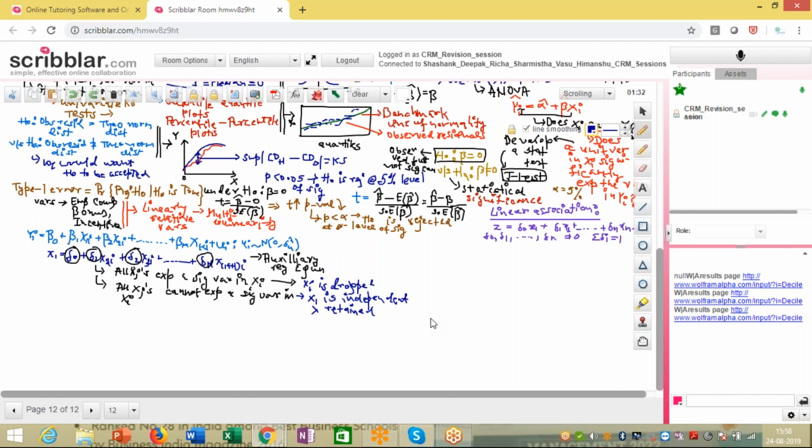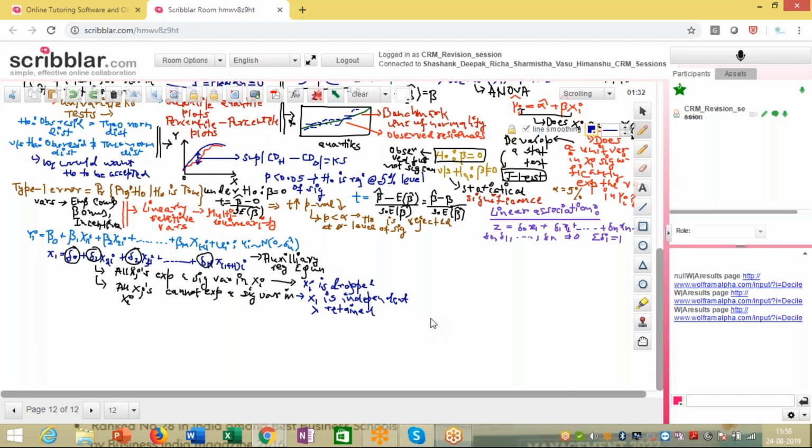We'll move ahead and assess the overall statistical significance of the variables, so we try to assess the overall fit of the model. So what are the parameters that help us assess the overall fit of the model?